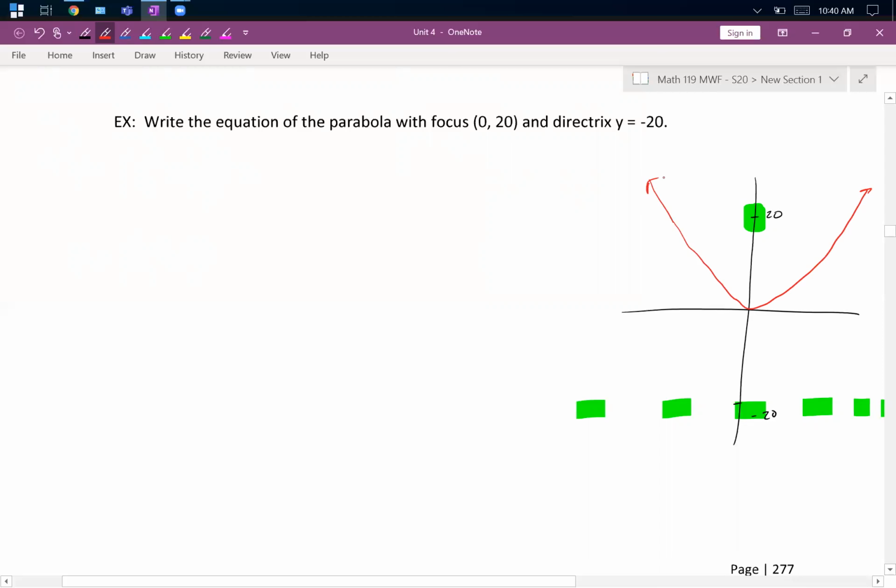So just based on this, what all can we conclude? Which variable is squared? The x. We know that the vertex is going to have to be at the origin because it's halfway between our directrix and focus. And what can you tell me about the p-value?